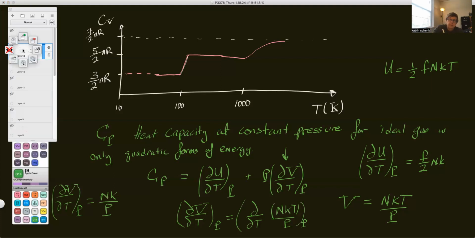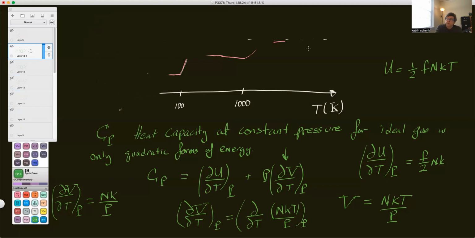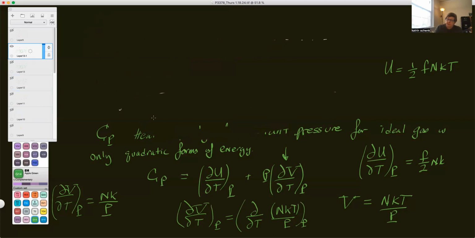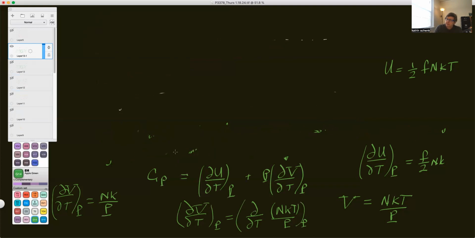I'm going to use another layer, and I'm going to erase this top part and all this down because we have some of the stuff already. So CP, again for our ideal gas with only quadratic degrees of freedom, we have partial U, partial T at constant pressure.